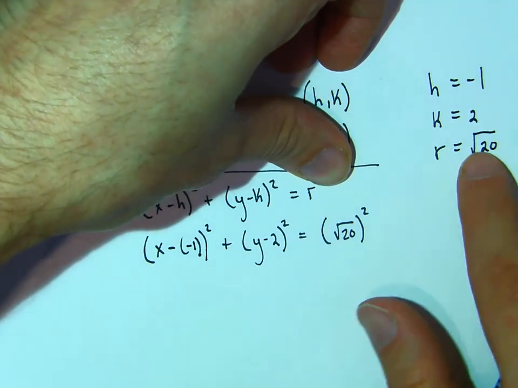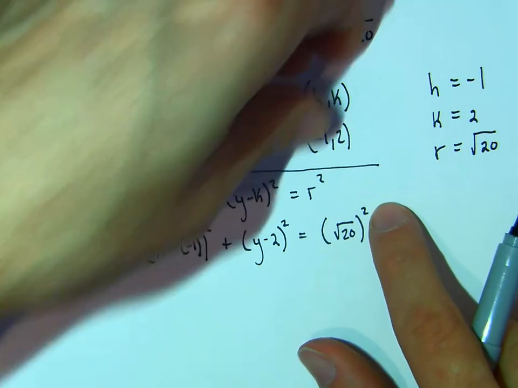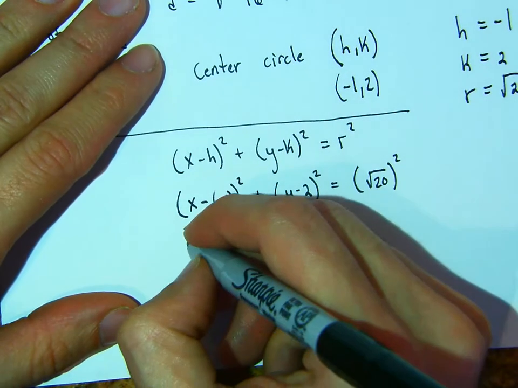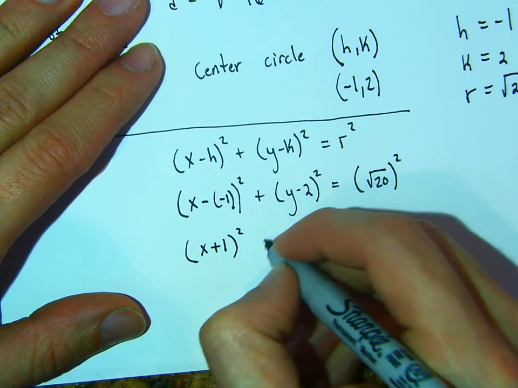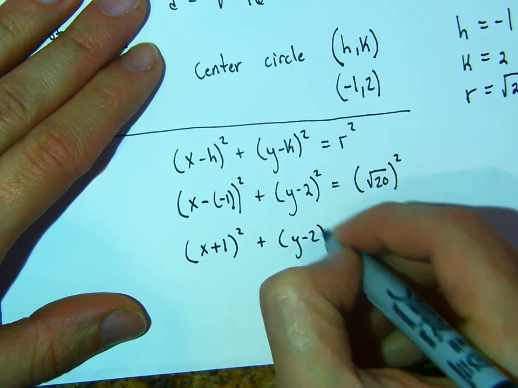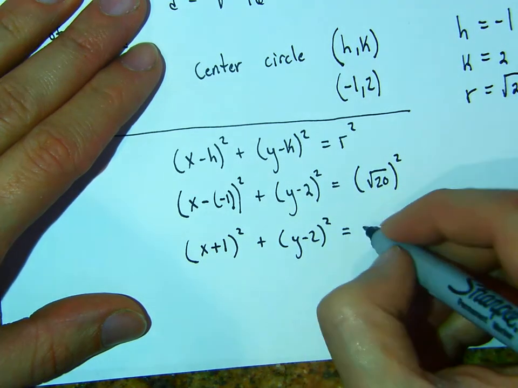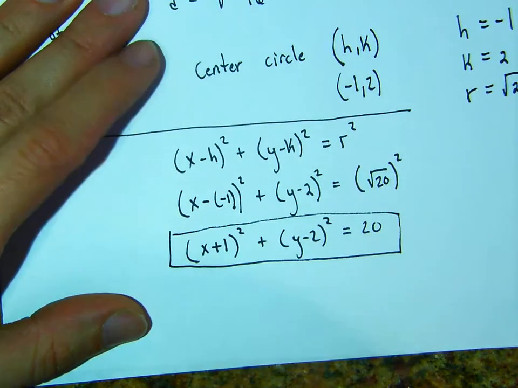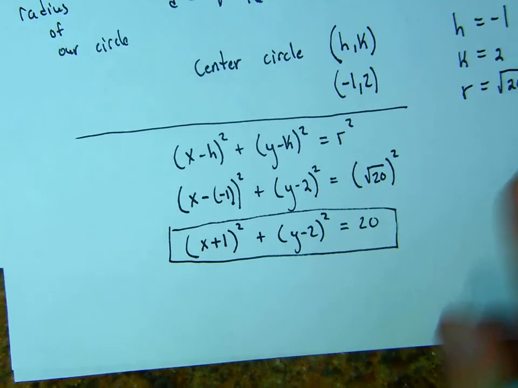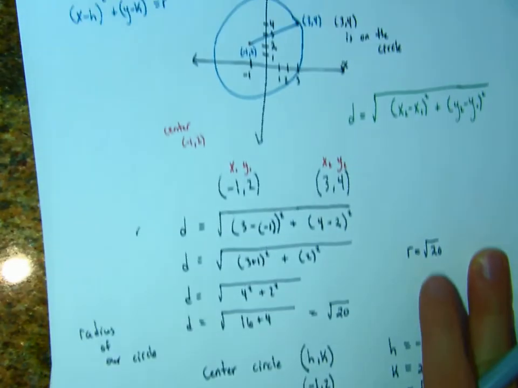So I need to take that square root of 20 and I need to square it. But then just to simplify it here, this is going to be (x + 1)² + (y - 2)² = 20. And this represents the equation of our circle over here.